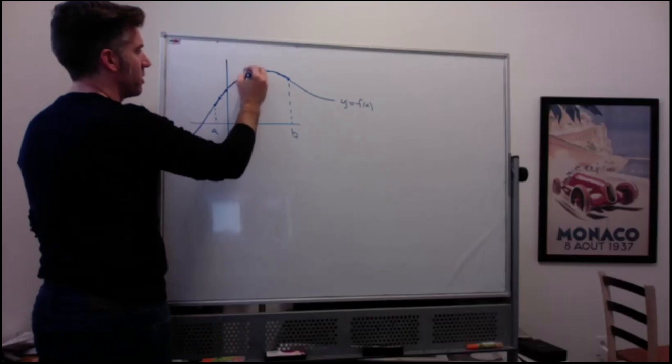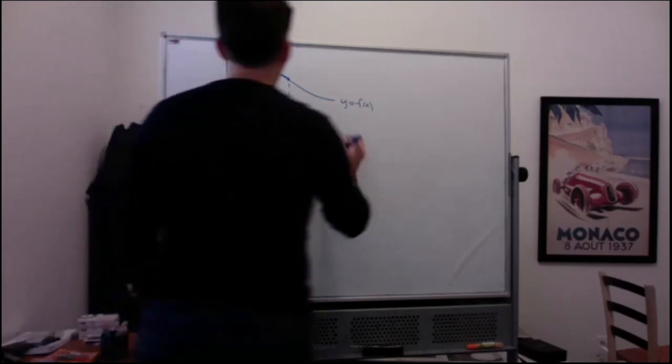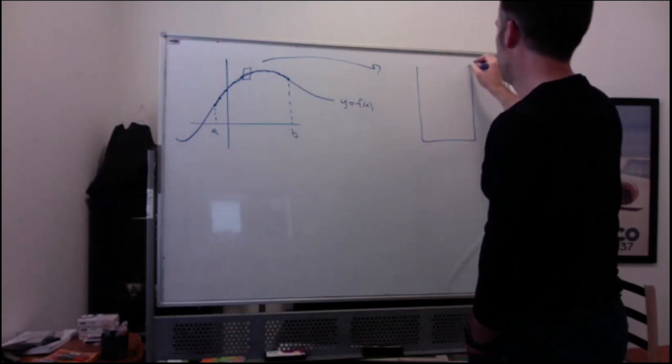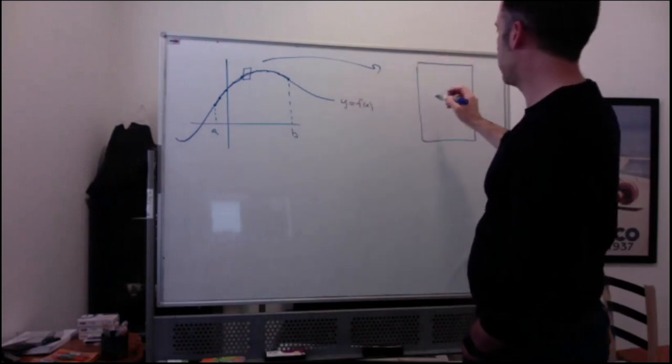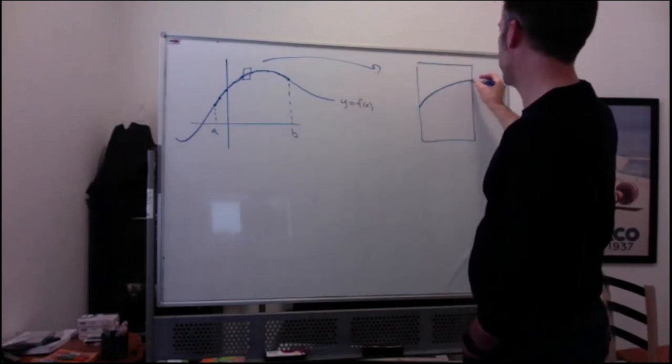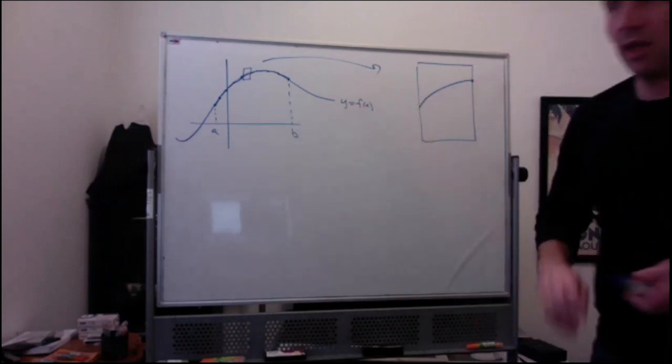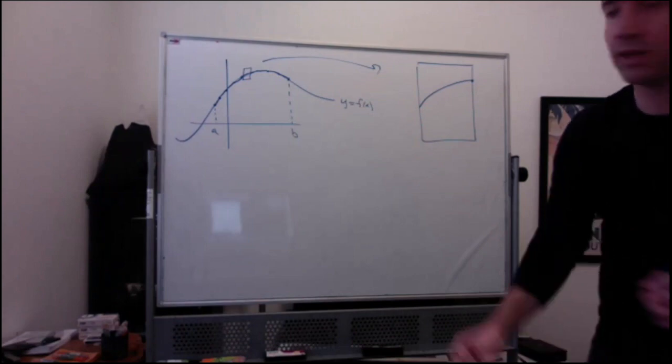I'm going to look at this region and blow it up. So if I look at that rectangle, I've got some curvy part of my curve. Here's the whole idea.